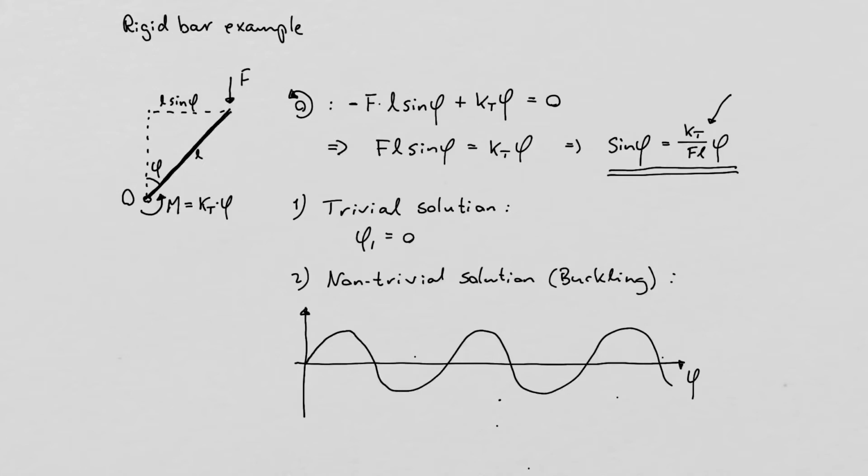And then we can also draw the right-hand side of our equation. So here we can see it's a linear function. We have a factor in front, kT divided by FL. So if a linear function is to be equal to the sine function that we were just drawing, so this is sine phi, well, we can actually identify two cases here. Our linear function could look like this.